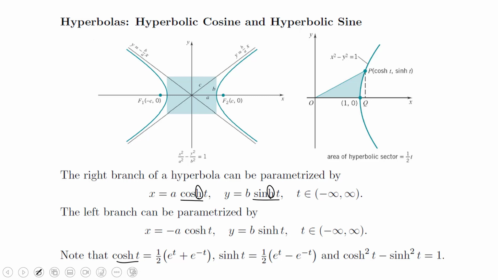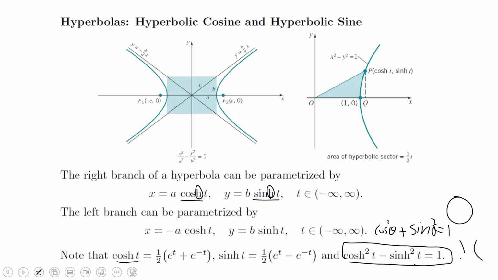And this is exactly similar to the trigonometric one, but in the trigonometric, you have cosine squared plus sine squared theta equal to 1. This gives you a circle, and this gives you a hyperbola. This is why the trigonometric one gives you a circle, and the hyperbolic one gives you a hyperbolic curve, right?